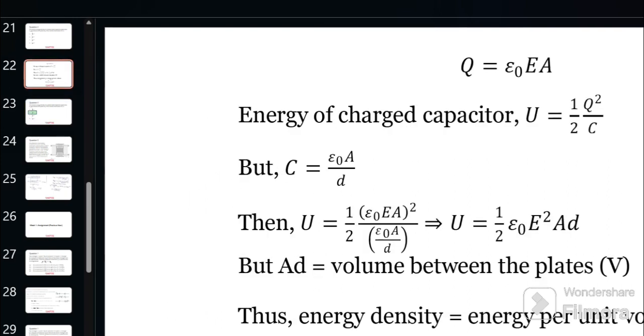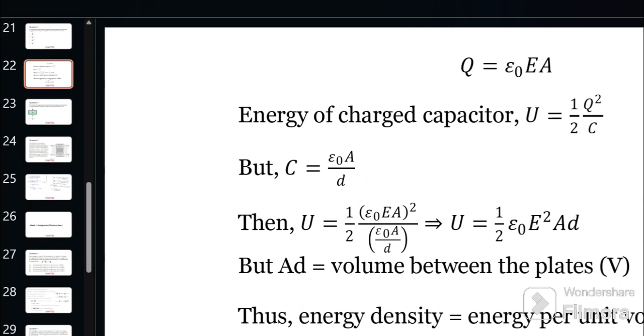Basically we have the charge density, we multiply by the area, so we get the charge, and since it's in that dielectric media we just multiply to get the actual charge in that media, and then we use the energy of the charged capacitor equations, and we just put the formula for C in that equation, and we get the energy of the charged capacitor.